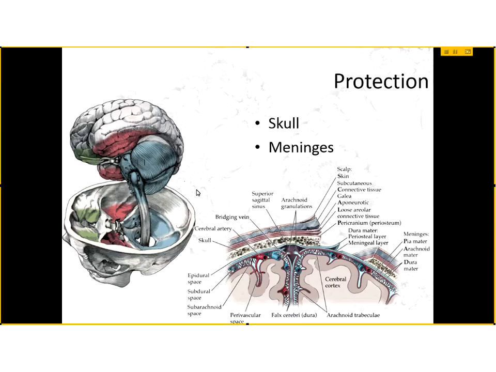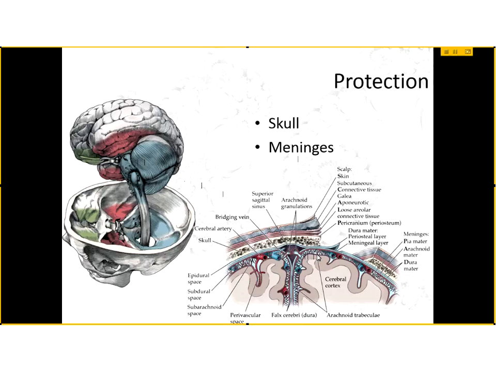Beyond that, below that, is the arachnoid mater, or arachnoid layer, and that is filled with cerebrospinal fluid, and the blood vessels are very close to that. So it's this fluid-filled area here, filled with cerebrospinal fluid that's constantly in flux, moving. Below that is the pia mater, which is directly associated with the surface of the cortex.